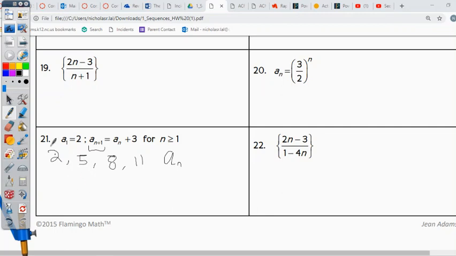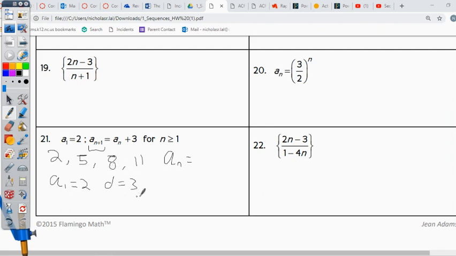So let's see. AN would be equal to... Well, we need to find. A1 is 2, right? And D is equal to 3. So if A1 is 2 and D is equal to 3, D is going to be our common difference, right?